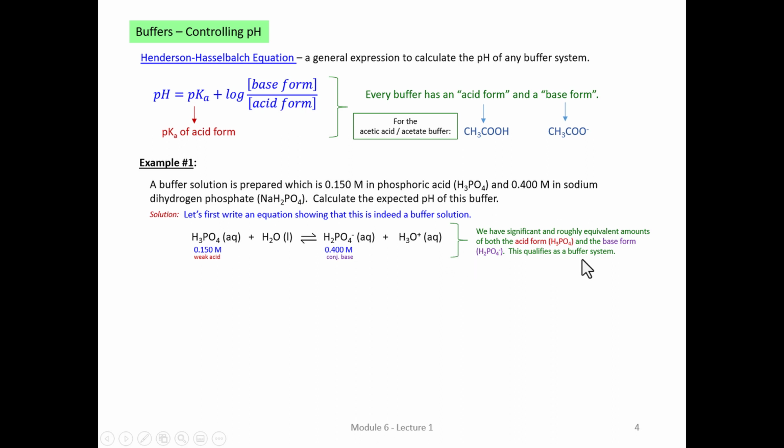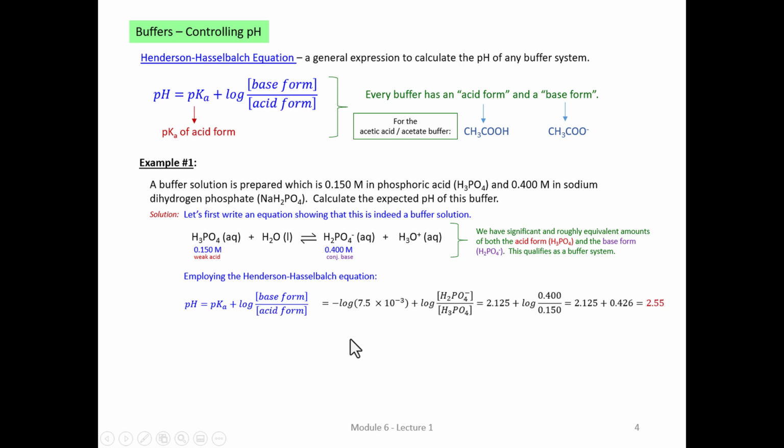Let's employ the Henderson-Hasselbalch equation. pH equals pKa plus log of the concentration of the base form divided by the concentration of the acid form. And this would be minus the log of 7.5 times 10 to the minus 3 because that number is the Ka1 of phosphoric acid.